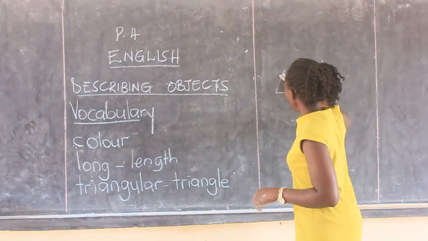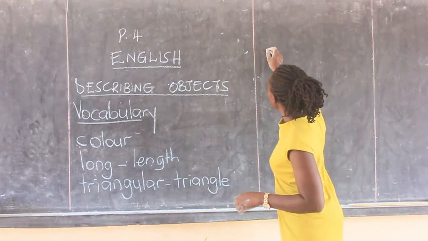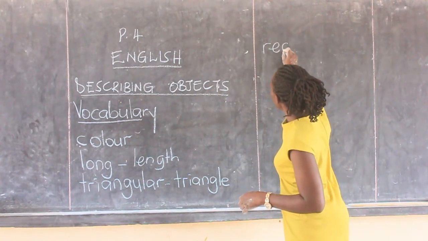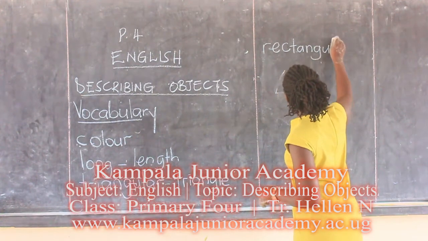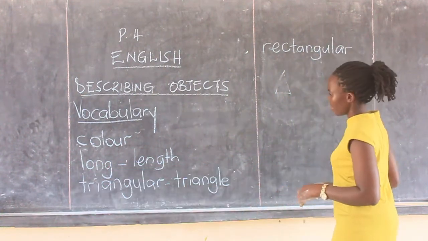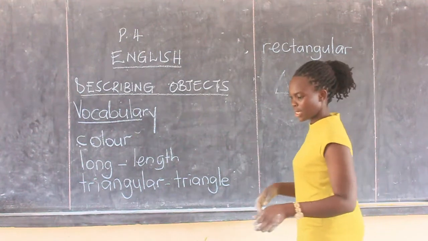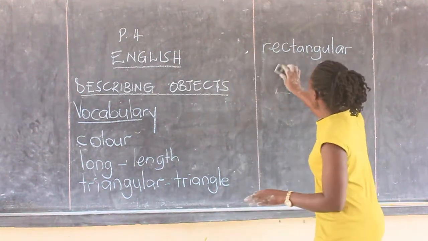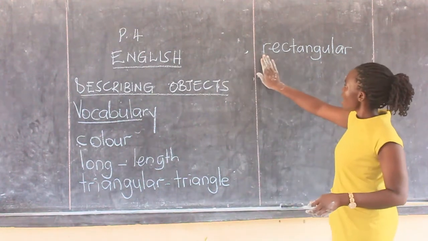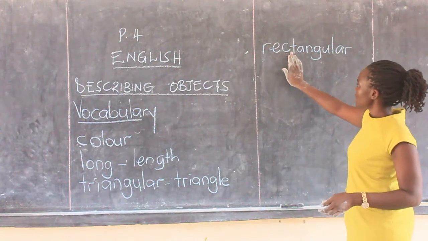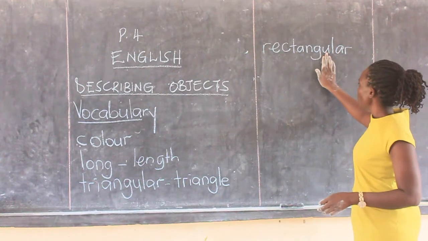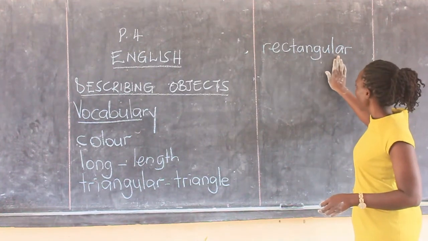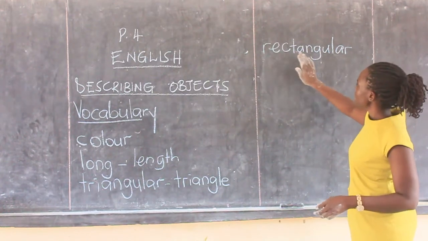The next vocabulary I have is rectangular. When you look at the word rectangular, the spelling is R-E-C-T-A-N-G-U-L-A-R. Rectangular.